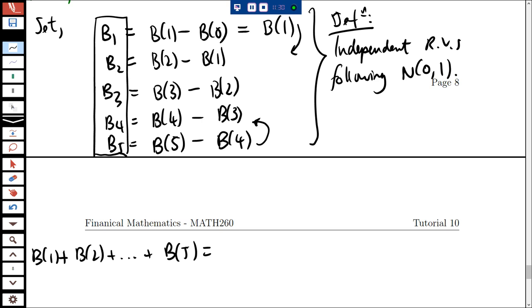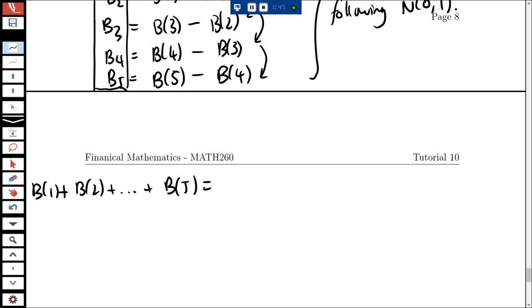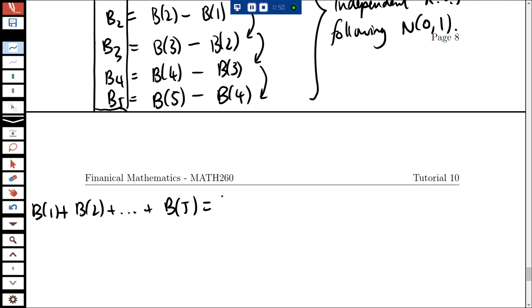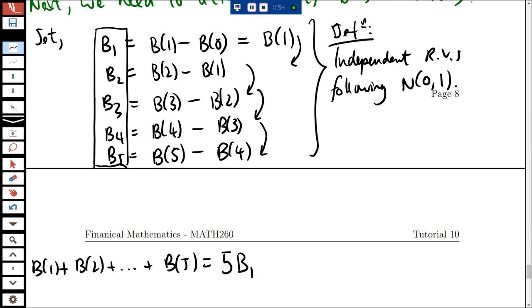If we put B1 into B2, we get B2 take away B1, and then if we put that into there, that into there, and that into there, then what we're going to find is we're going to have 5 lots of B1 because we've subbed the first one into each of those.